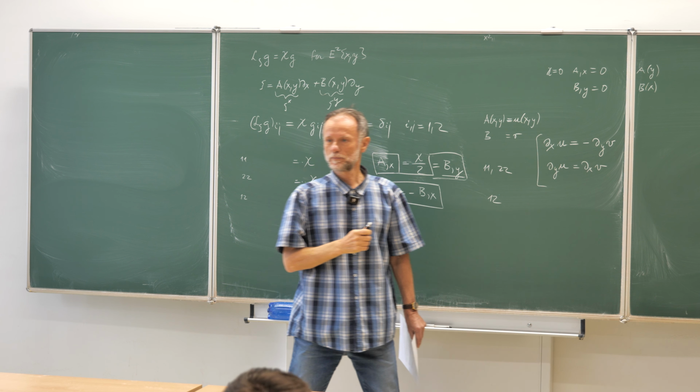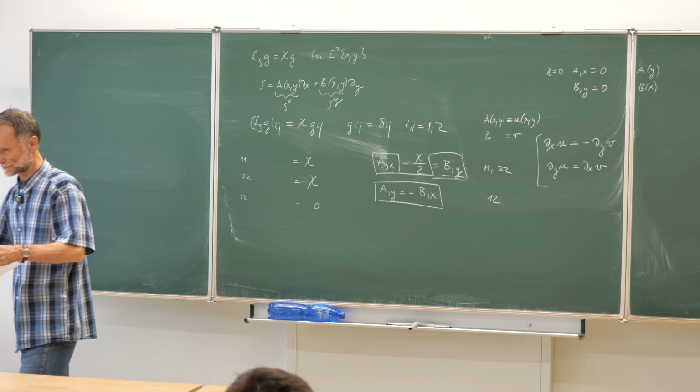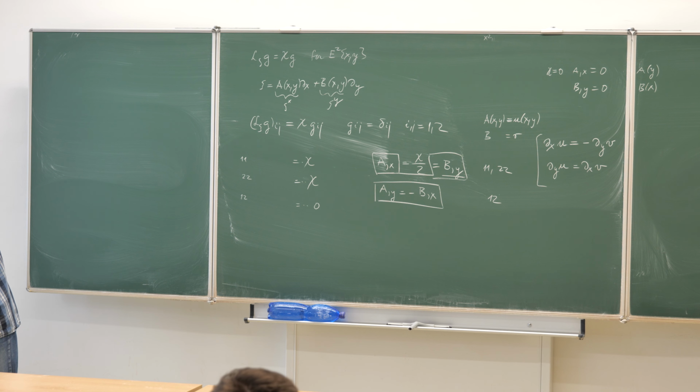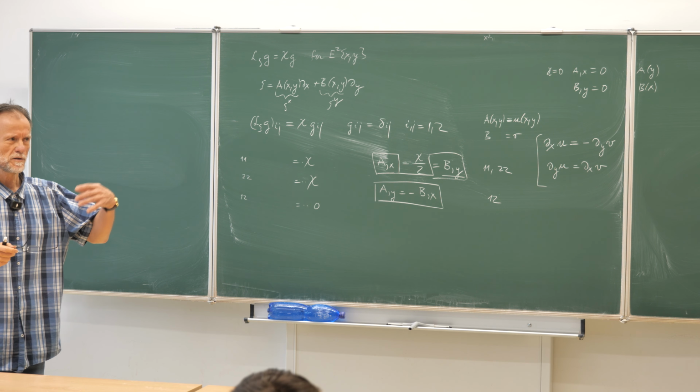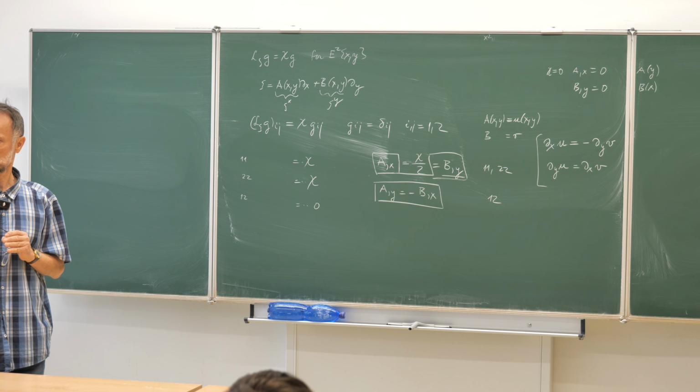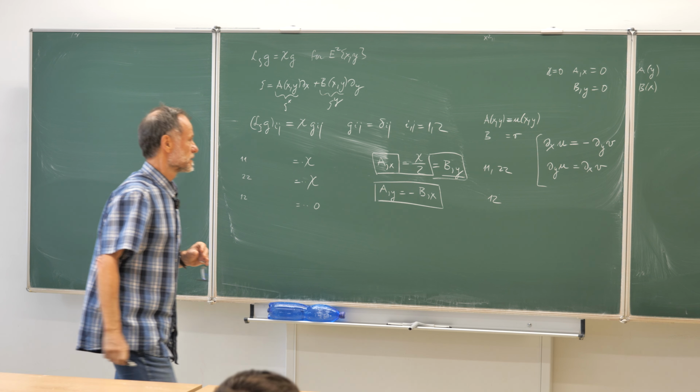Do you know this pair of equations? You are from the third year. Did you have some mathematics course, I don't know what number, 4, which is complex analysis? Cauchy-Riemann, exactly, yes.